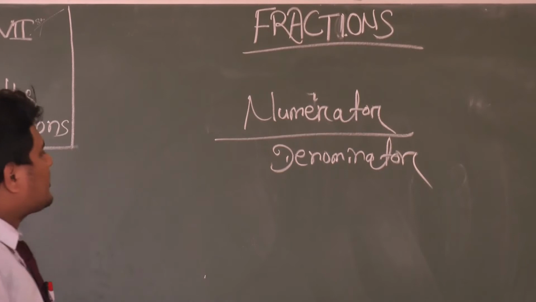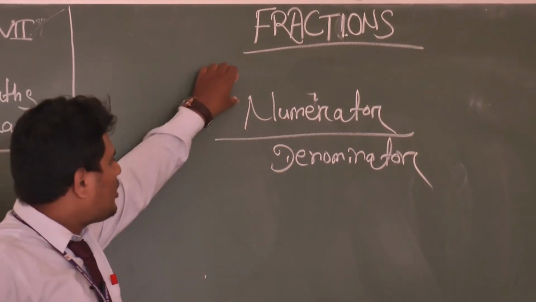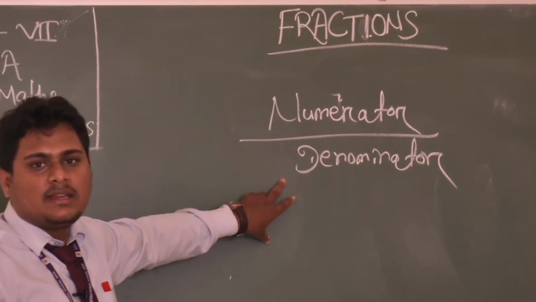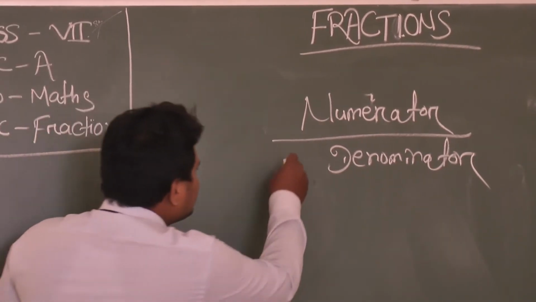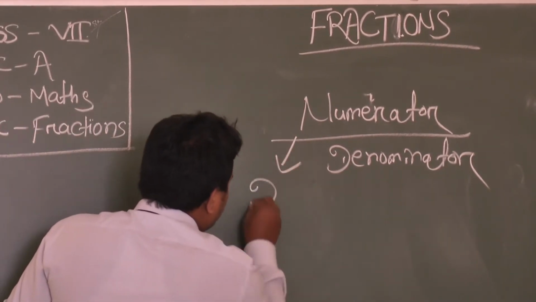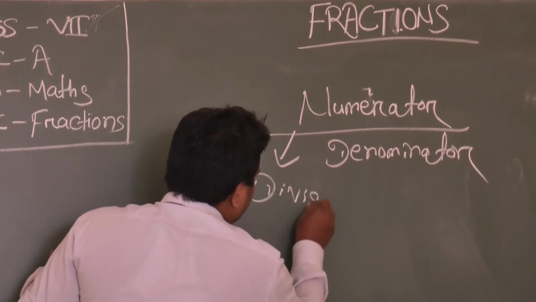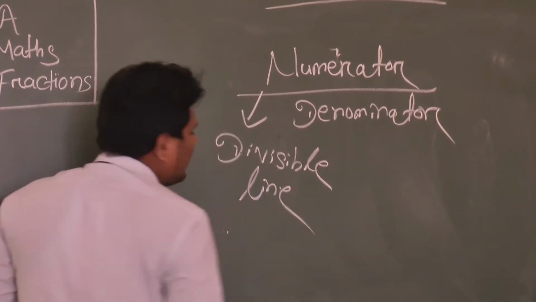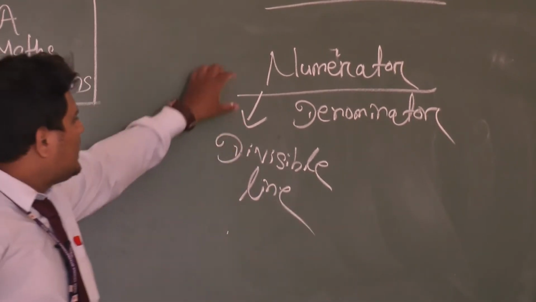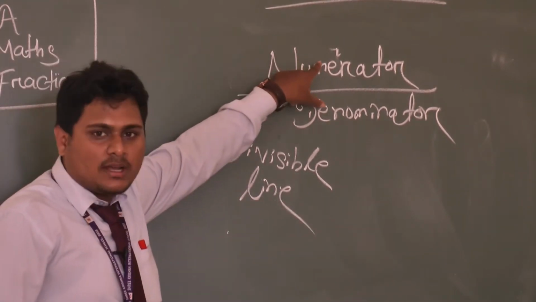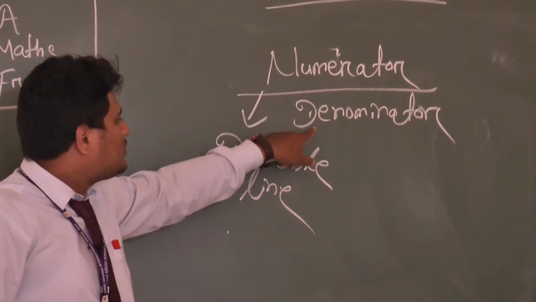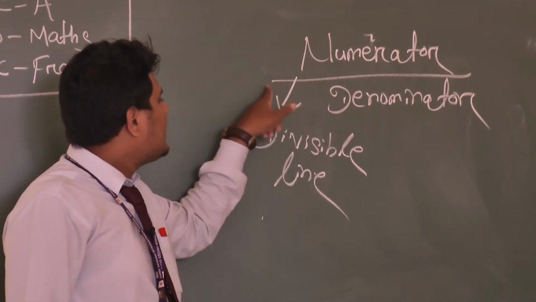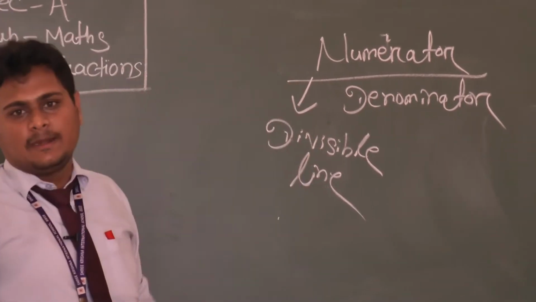Okay, in a fraction, the upper part is known as numerator and the lower part is known as denominator, and this line is known as the divisible line. Okay, so in a fraction the upper part is known as numerator, the lower part is known as denominator, and that middle line is known as the divisible line.